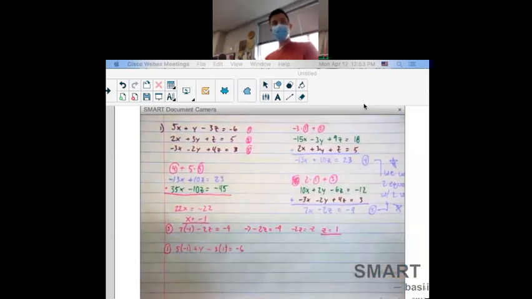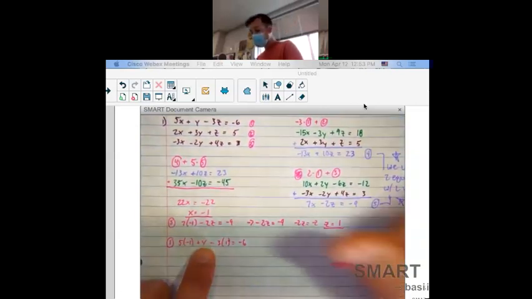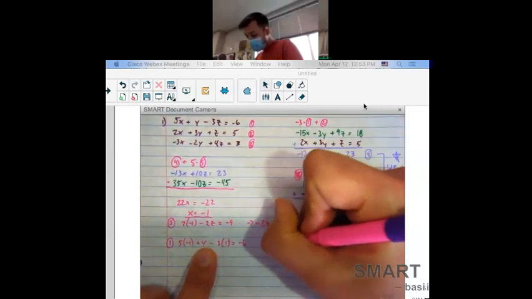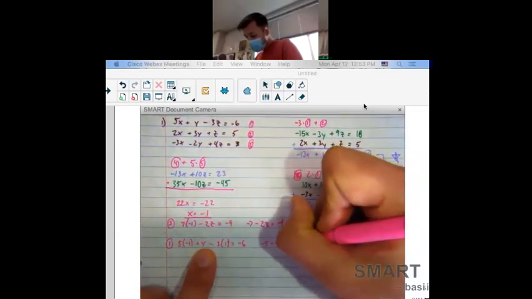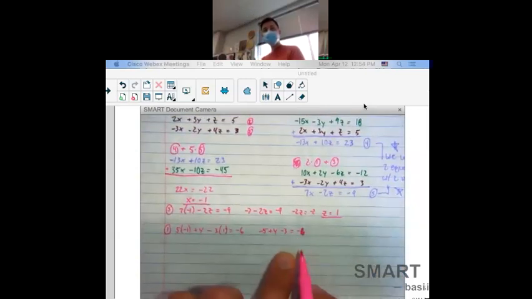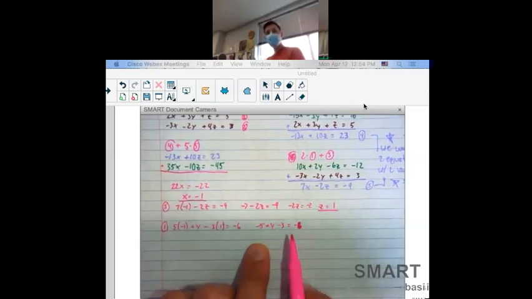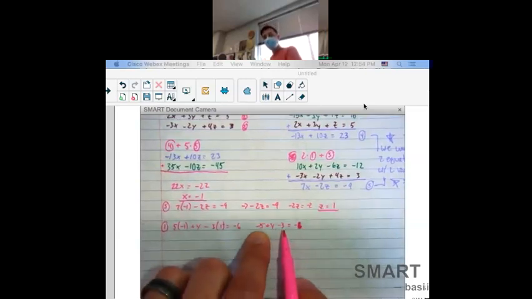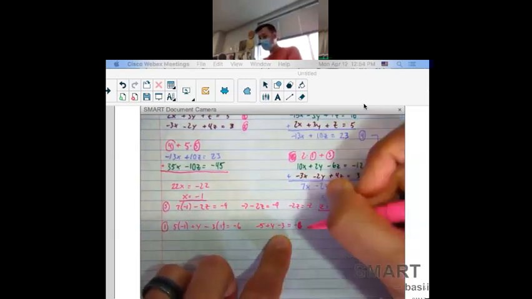It's supposed to be negative 6. All right, that's a 6. So negative 5 and negative 3 would give me negative 8. So I'm going to add 8 to both sides. So negative 6 plus 8 is 2.